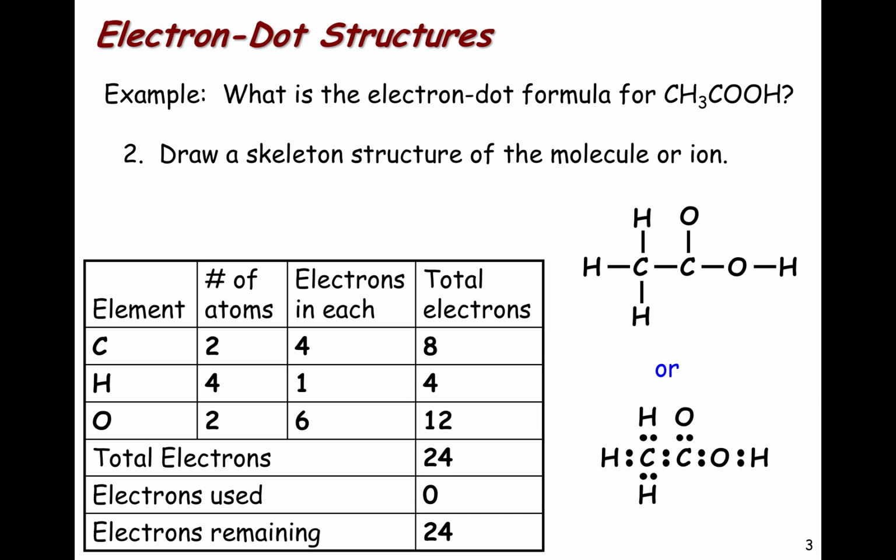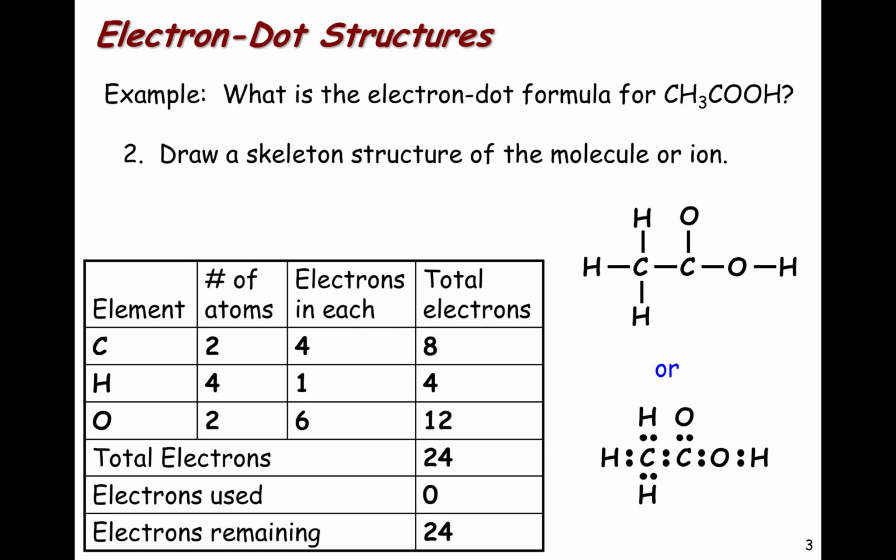In this particular case, the skeleton structure is drawn by connecting the 3 hydrogens to one of the carbon atoms. And then there is a bond between the 2 carbon atoms. The second carbon is bonded to an oxygen that does not have a hydrogen, and then the other oxygen which does have a hydrogen.